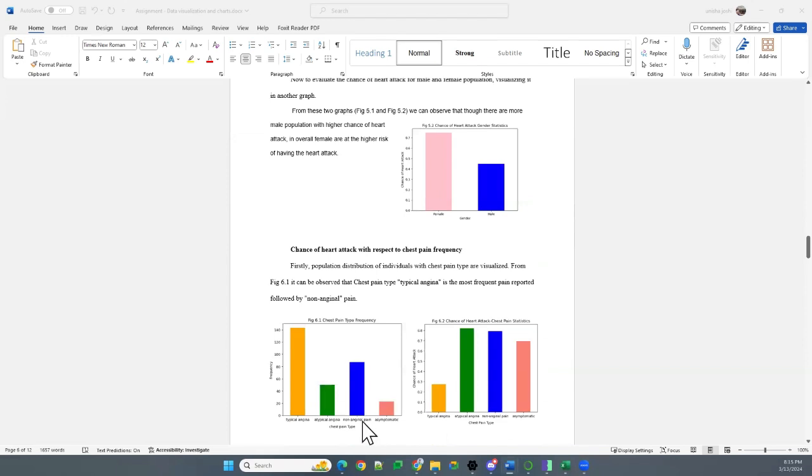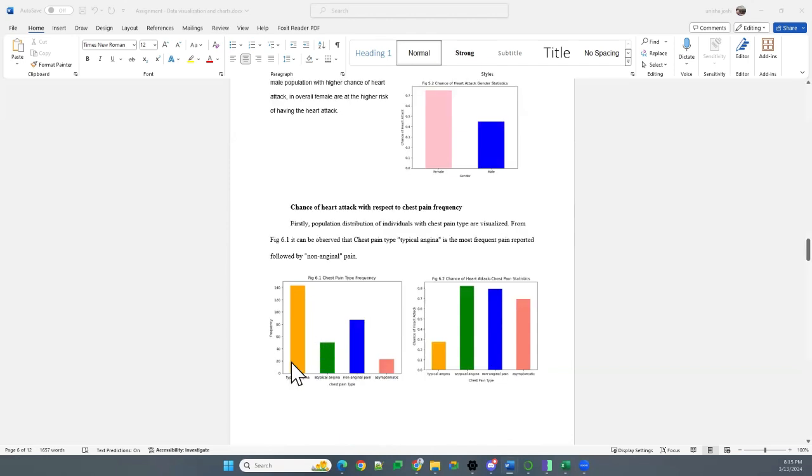Now let's see the chance of heart attack with respect to the chest pain type and its frequency. There are four chest pain types illustrated here, and typical angina is the highest reported chest pain type. However, it has a very low probability of heart attack, while the others have very high probability.